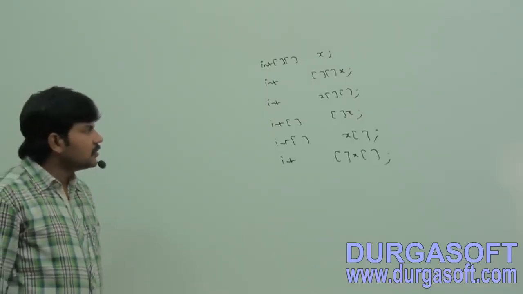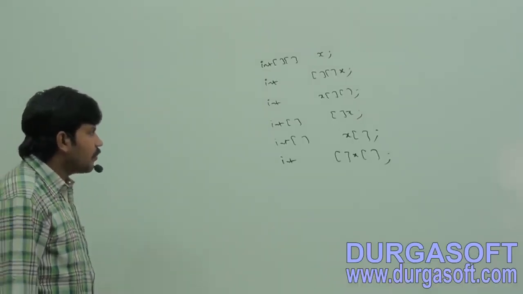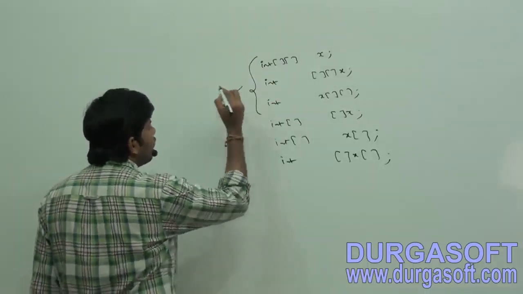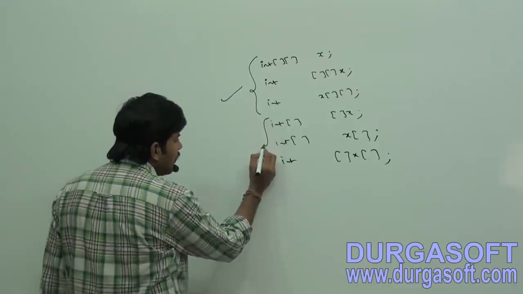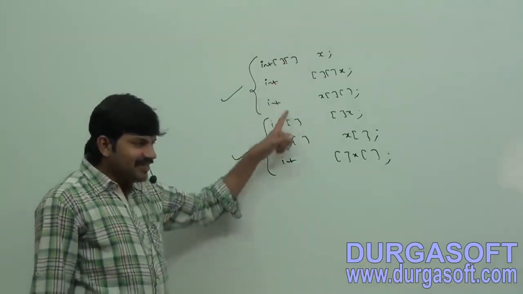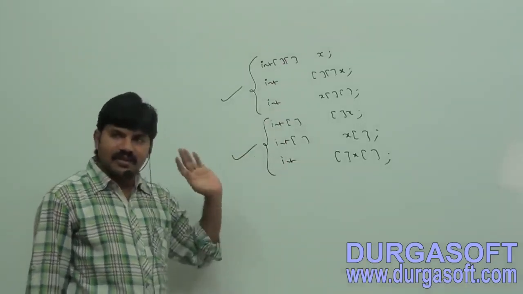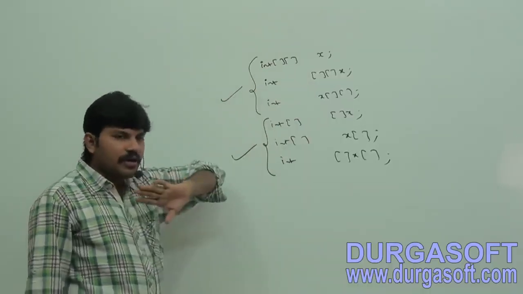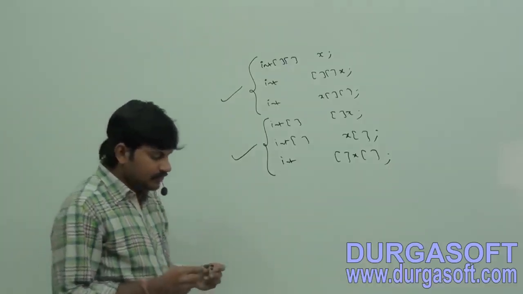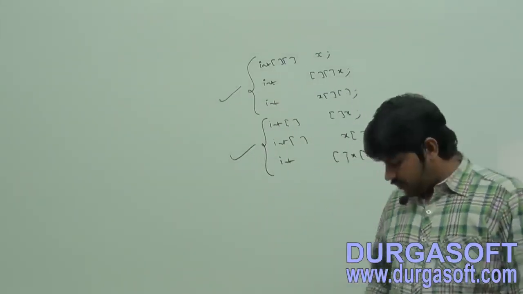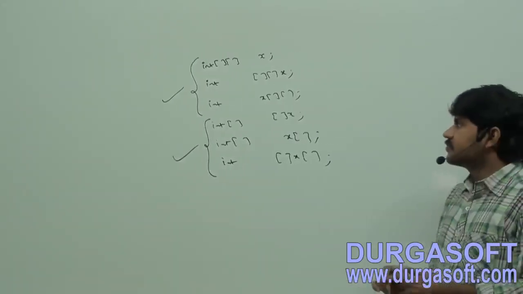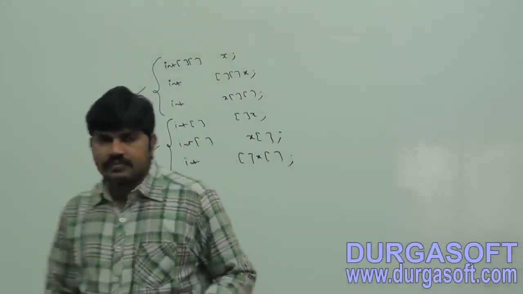First three are valid, 100% correct. Next three are also valid. Whether we use the spaces or not, all these things are valid two-dimensional array declarations. First three, next three also, all are valid. Don't keep any doubt, take all of them. Take it clearly as two-dimensional array x.